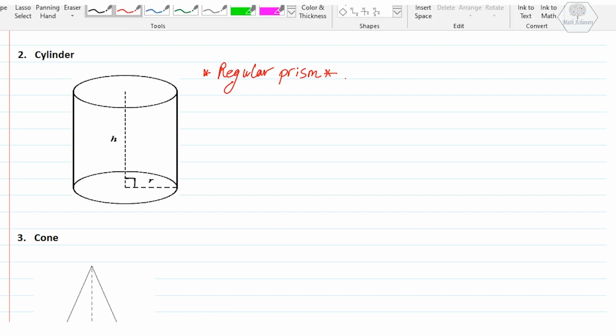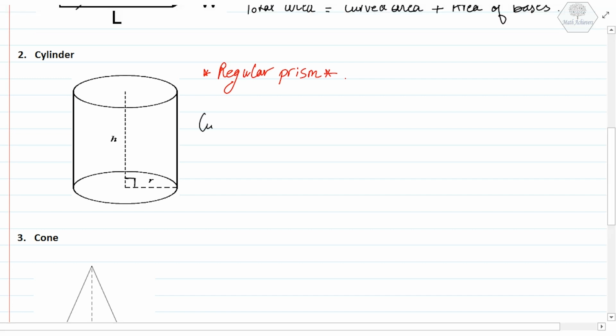So now the curved area is equal to the perimeter of the base, which is 2 pi r, times the height, which is h.